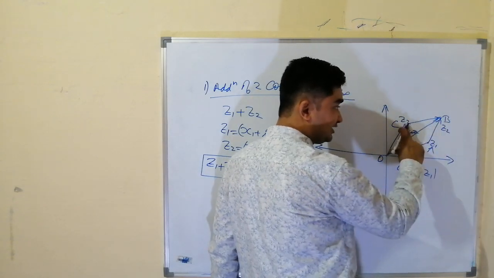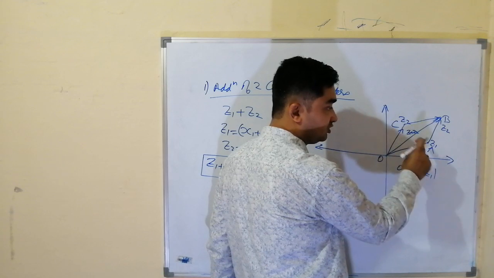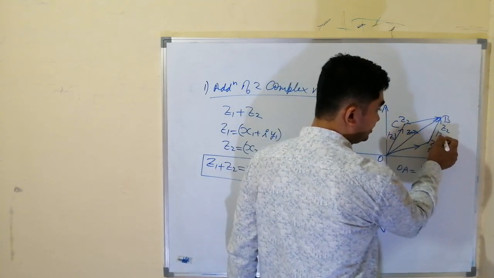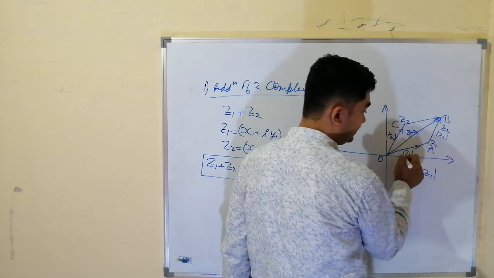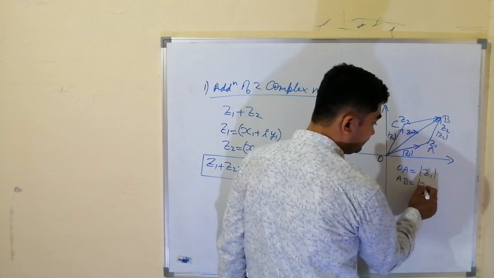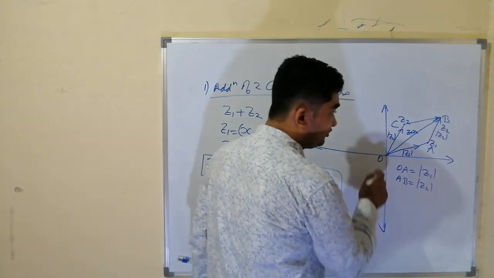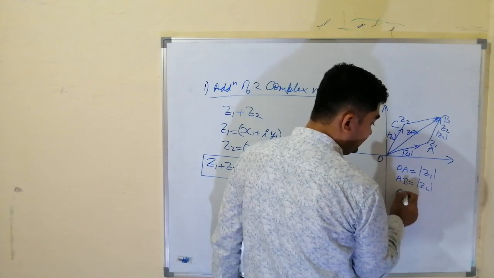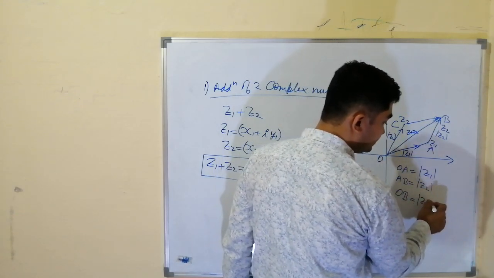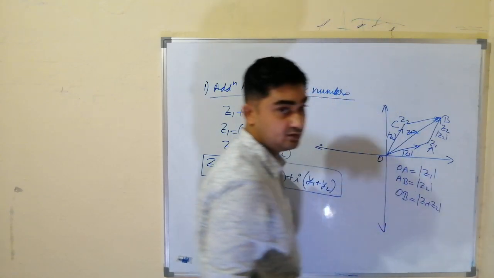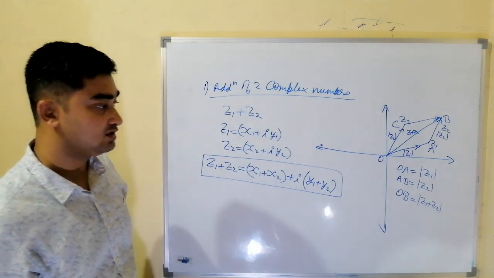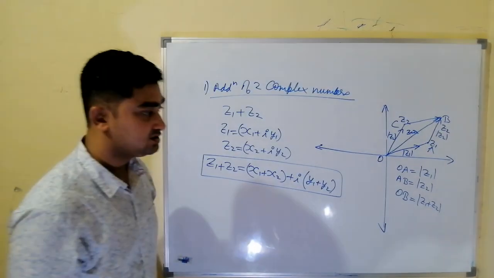This length is equal to this length, which is mod of Z2. Parallel to that, it is also mod of Z2, and this is mod of Z1. So AB is mod of Z2. Now what is OB? OB is Z1 plus Z2. So the distance OB is mod of Z1 plus Z2. OB is a distance, and distance means you have to take the modulus.